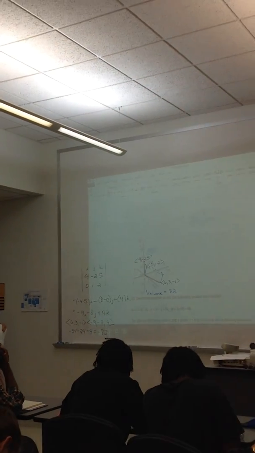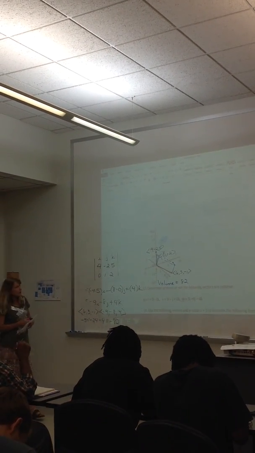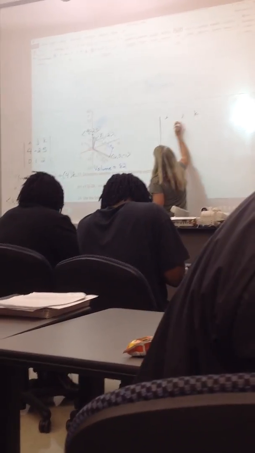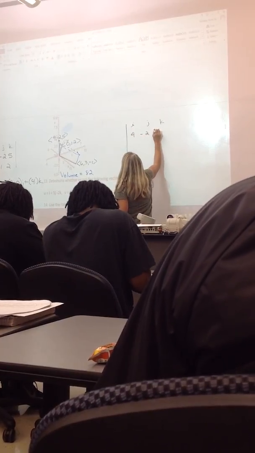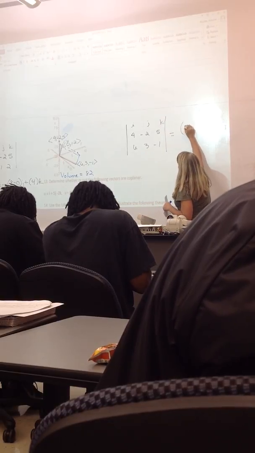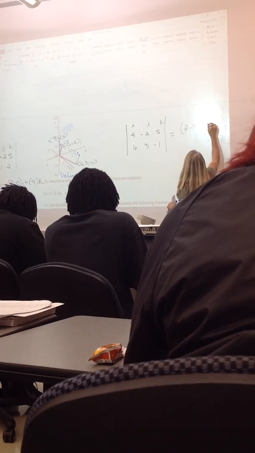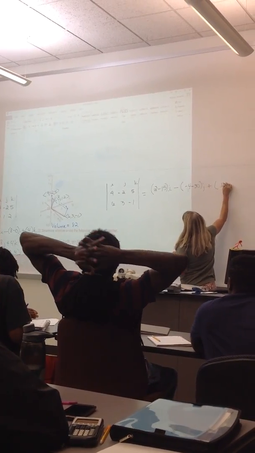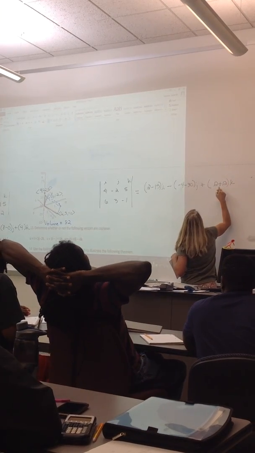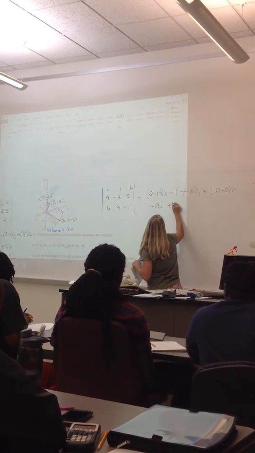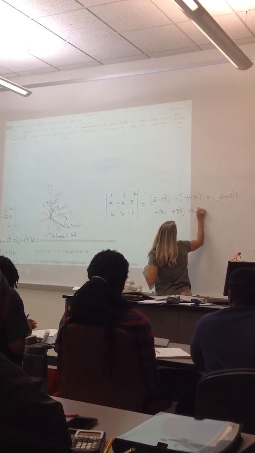And you will get the same value no matter what pairing you make. For example, if I chose to cross the 4, -2, 5 with the 6, 3, -1, we would get 2 minus 15, -4 minus 30, 12 plus 12, and you're always subtracting, so we get -13i plus 34j plus 24k.